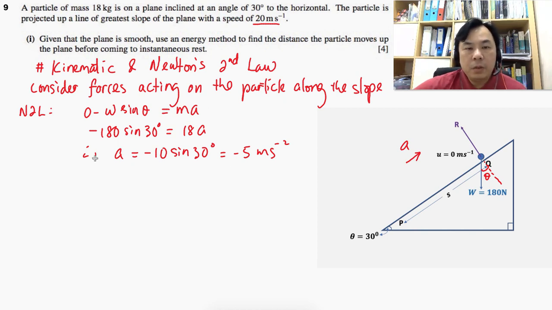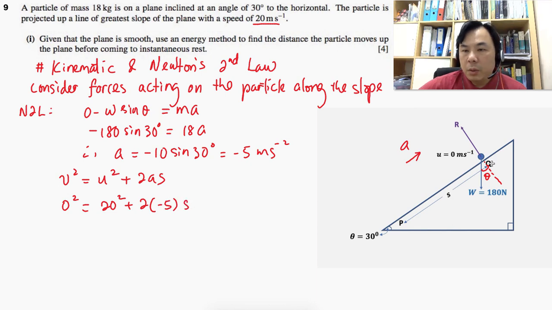Right. So from here, we can make use of the SUVAT equation, or the kinematic equation. We know that the final speed must be 0. Initial was 20, and then we have an acceleration of negative 5. The distance is the one that we are interested to obtain here.